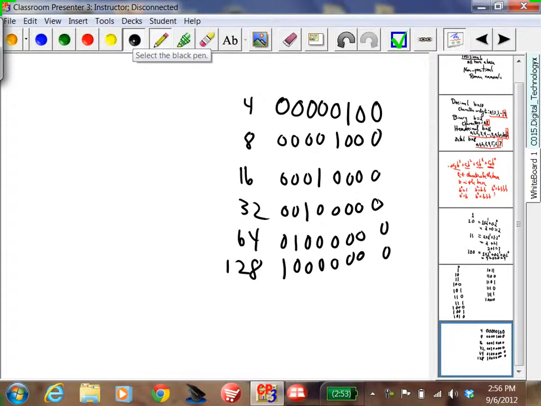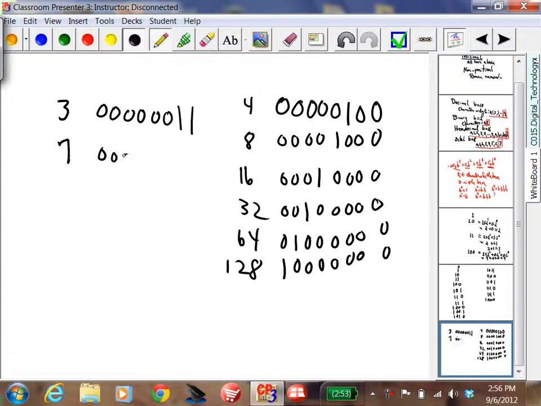So how do you store 4 minus 1? Okay, 4 minus 1 would be 3. Well, it's 1, 2, 3, 4, 5 zeros like this. Okay, then 0, 1, 1. How do you store a 7? 1, 2, 3, 4, 5 zeros.